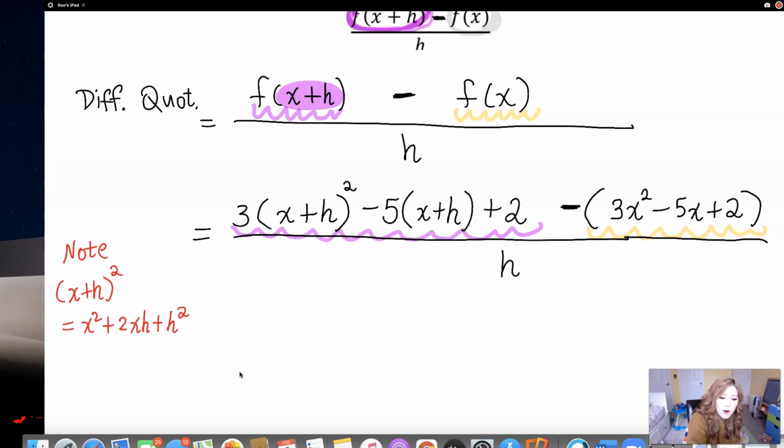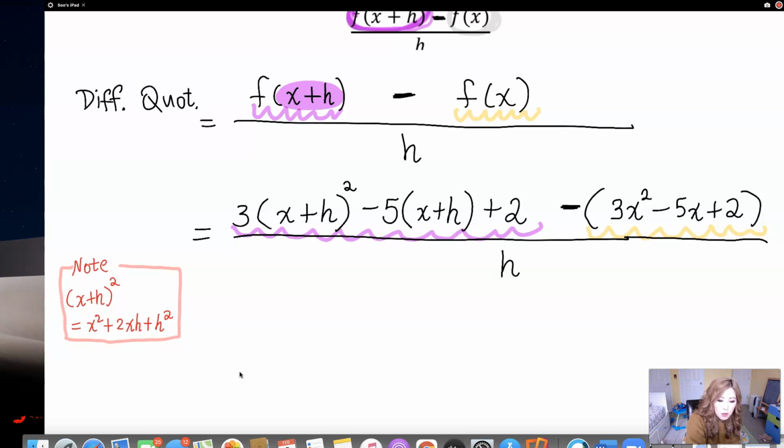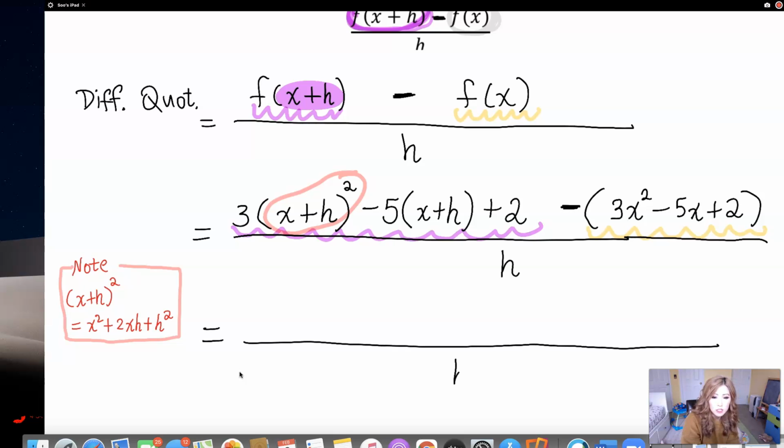I told you to memorize that thing or know what it is so that every time we see it popping up, we're just going to use it instead of FOILing every time we see it, okay? So let me make it a little bit smaller because I need room to do my difference quotient. Okay. So why am I doing that? Because you see the first part, I need to FOIL that x plus h squared. So, equal sign, a big fraction bar with h in the bottom.